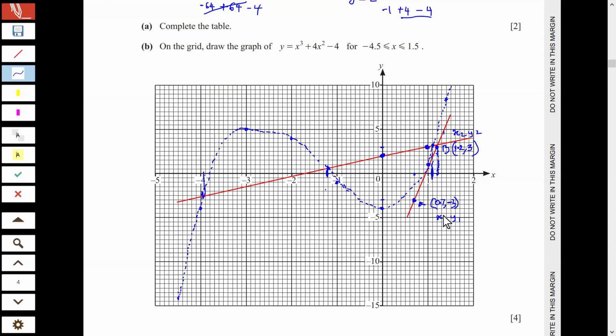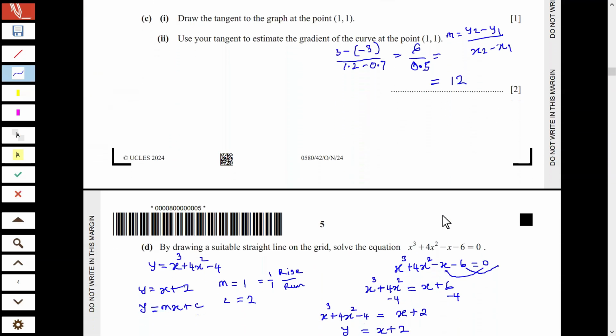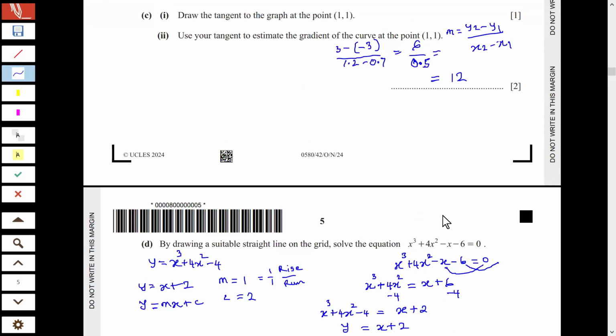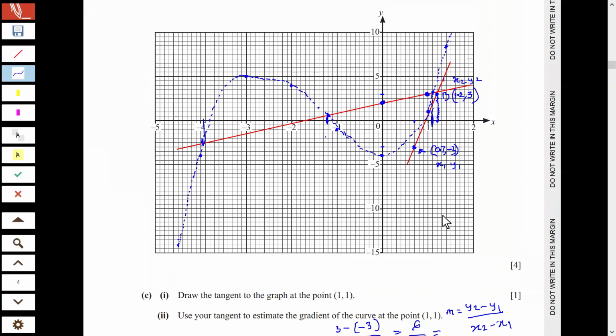Okay, so now by doing this, we should be able to get the values. It may not be accurate, but from what we've been able to do here, if you trace this point of intersection to the x-axis, one of the values of x should be around 1.1.